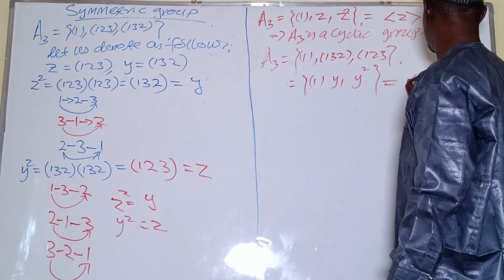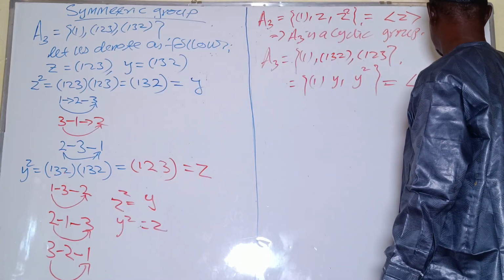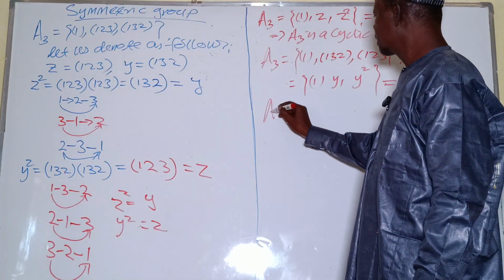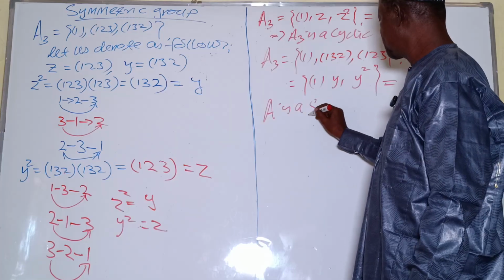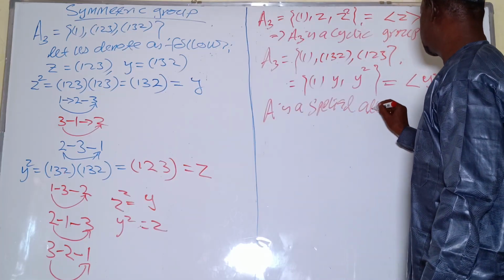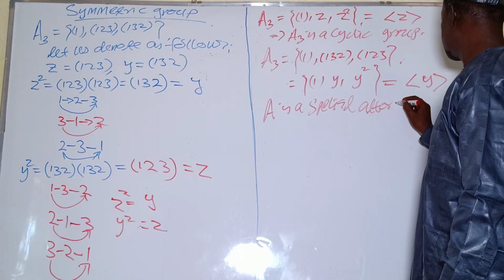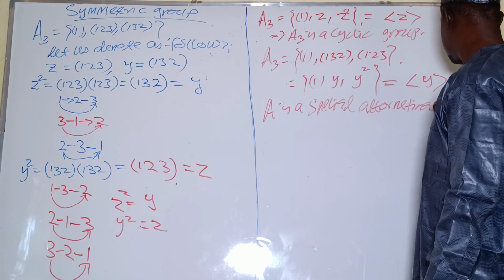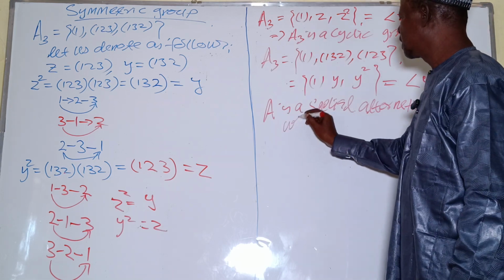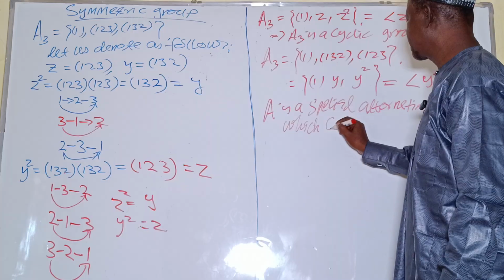Meaning that this group is also generated by Y. So this means A3 is a special alternating group which is cyclic.